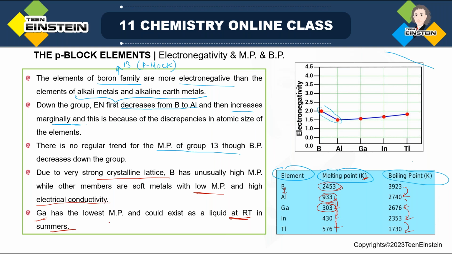It is also the lowest among all the melting points that you can see in this column. As it is the lowest and close to room temperature of 25 degrees centigrade, when it is summer season and room temperature is slightly high, we can see it existing as liquid. So it is a metal, but it is still liquid. This is a unique feature.